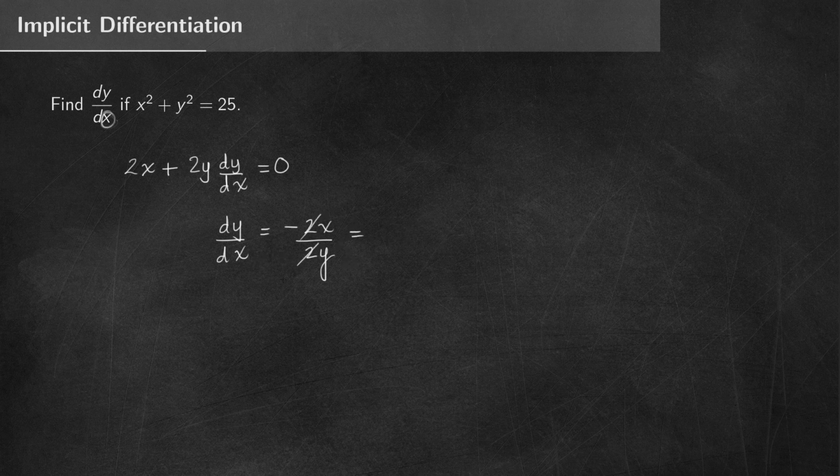We can cancel out our 2's, common factor in the top and bottom of our fraction, and we get negative x over y. So dy dx in this case equals negative x over y. We're not used to seeing derivatives that have both x's and y's in them, but that's perfectly acceptable and will often happen when you're taking the derivative in implicit form.